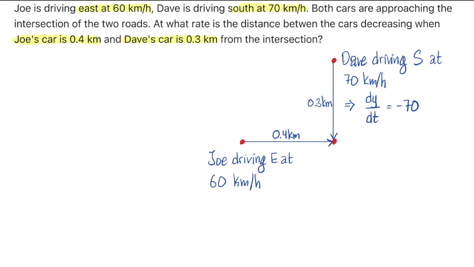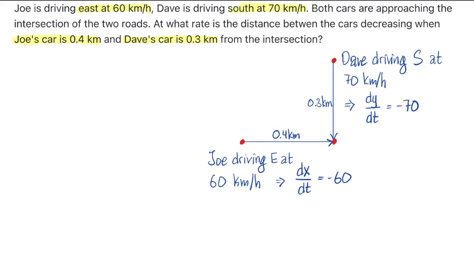For Joe, the horizontal axis, we're going to call that x. The rate at which x is changing with respect to time is going to be negative 60. Again, it's a negative rate because the distance is decreasing.